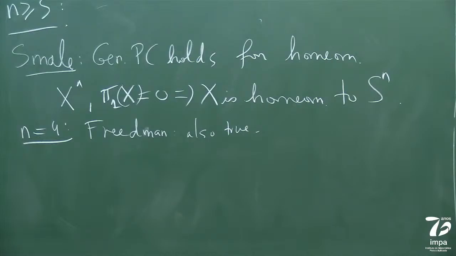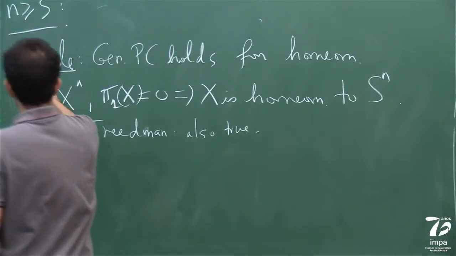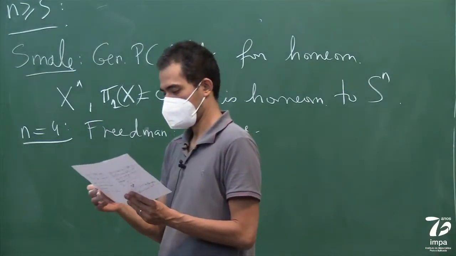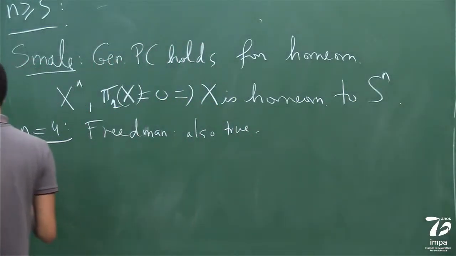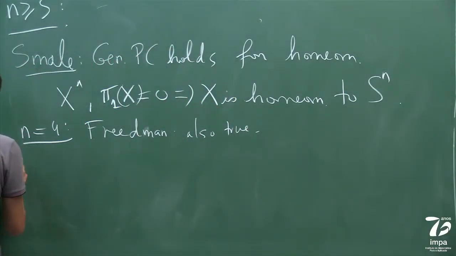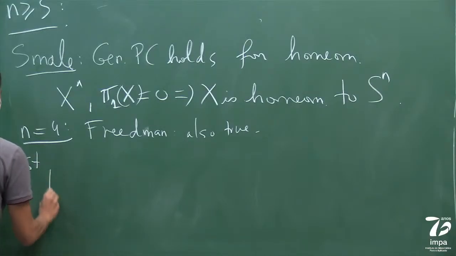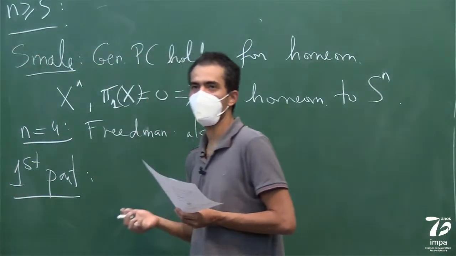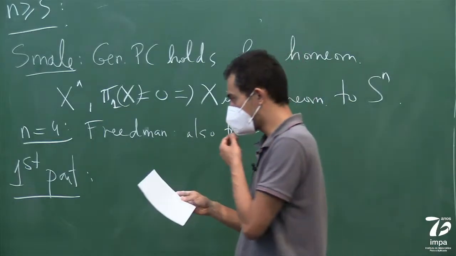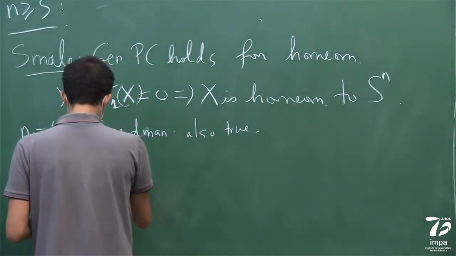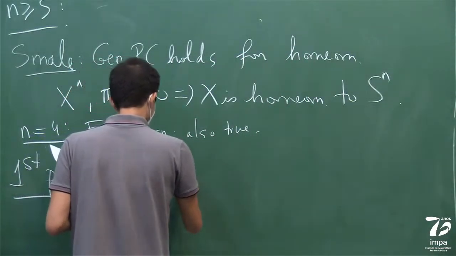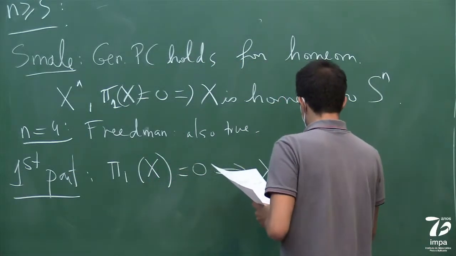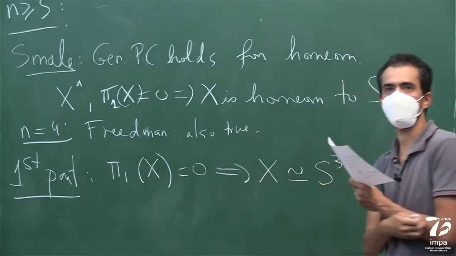Okay, so what I'd like to do now is explain this theorem in about 10 minutes. The first part of this theorem is not very hard, but we don't quite have enough tools to do it, which is to prove that if pi1 of X is trivial, then X is homotopy equivalent to S3.